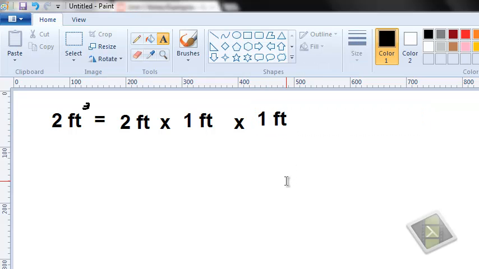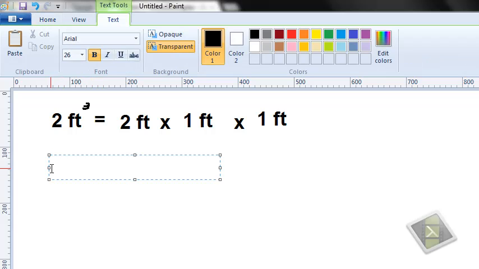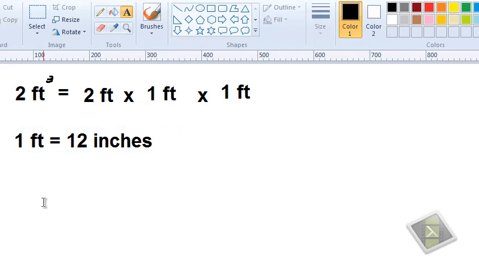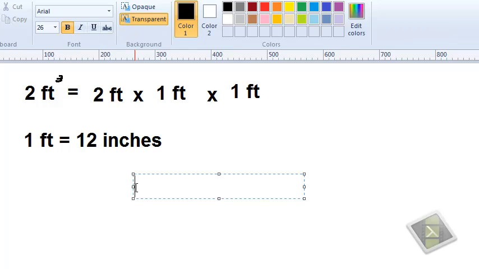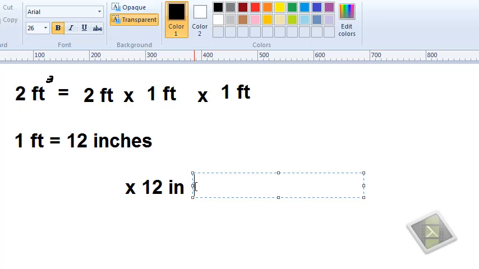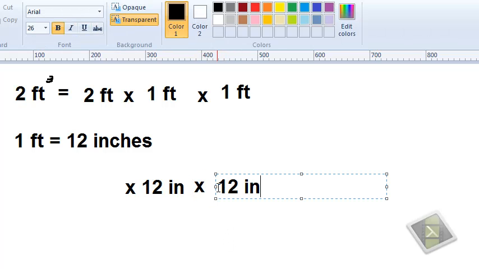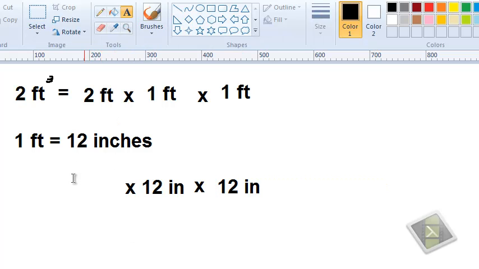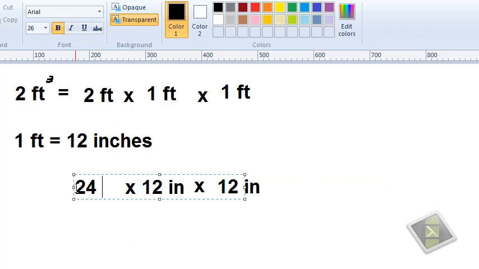I know it's completely imbalanced. But 2 times 1 times 1 is still 2. Feet times another feet times another feet gets feet cubed. Remember your conversion. 1 foot is equal to 12 inches. So we're going to convert all these things to inches. Now these two are pretty easy, because we can convert both of those 1 footers to 12 inches. 2 feet, 2 times 12, that gives me 24.